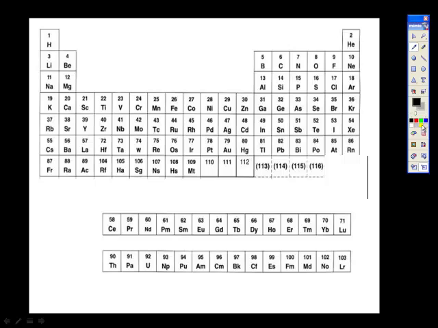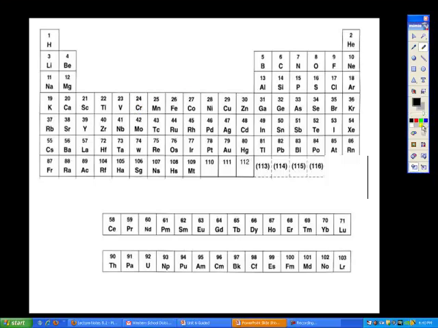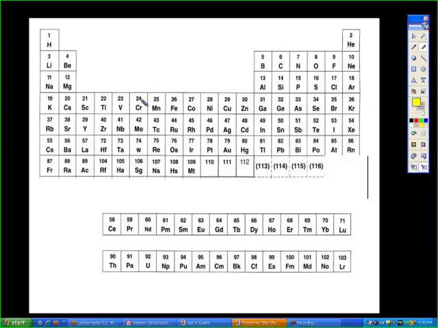Let's go ahead and highlight those 6, our magic 6. I'm going to take yellow and fill in the entire box for chromium 24, iron 26, copper 29, skip down to tin number 50, mercury, and lead.